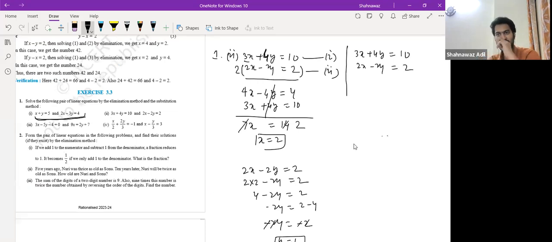So how can we make this coefficient the same? The hint is that you have to multiply both equations.